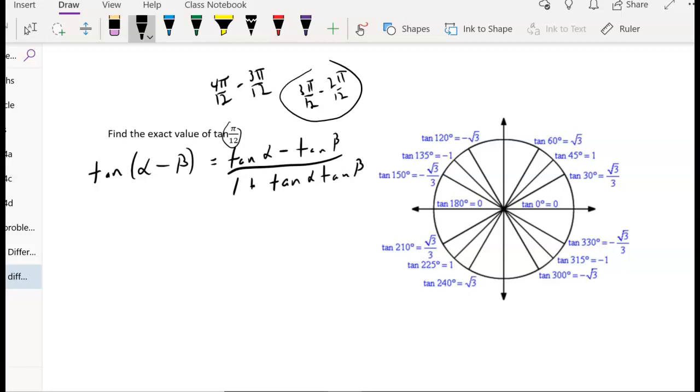So what I end up with here is that this is the same thing as the tangent of pi over 4, because that's 3 pi over 12, minus pi over 6, because that's 2 pi over 12.